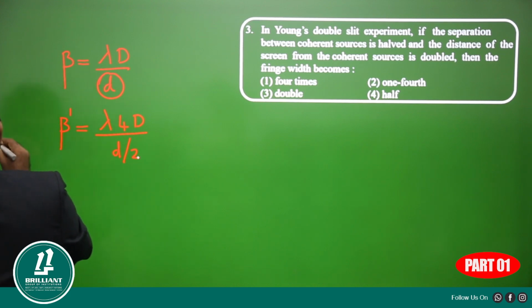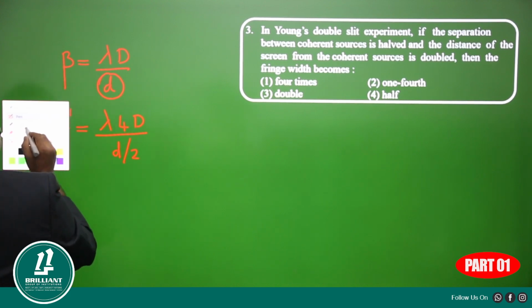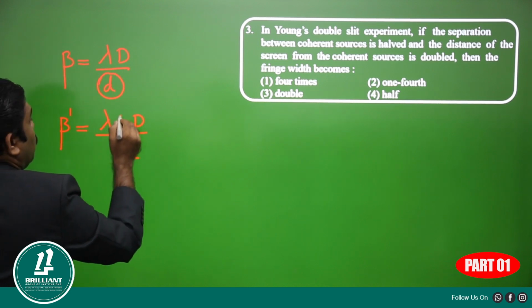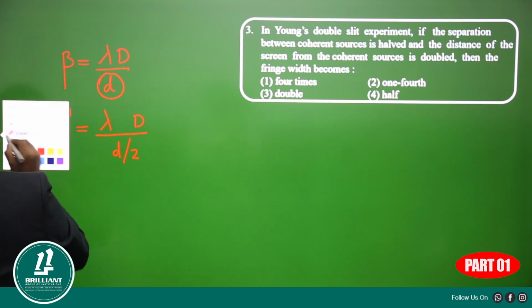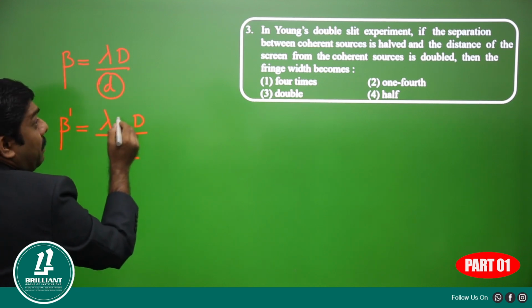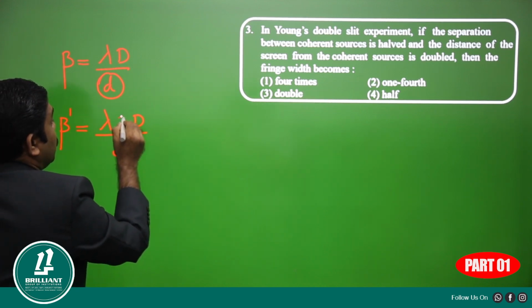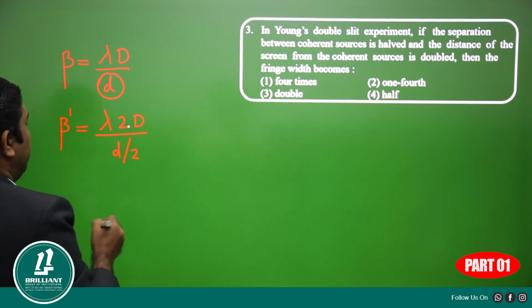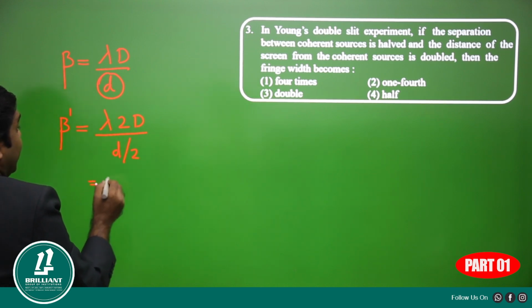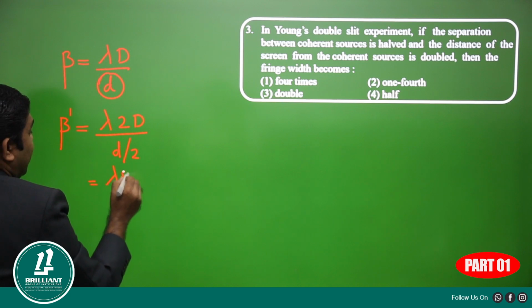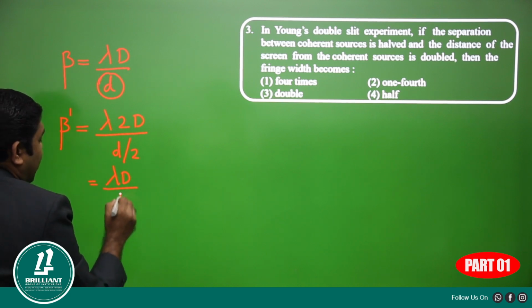Doubled means we are saying 2 here, correctly. So we can say this correctly: here it is doubled, therefore this is 2D and d by 2.